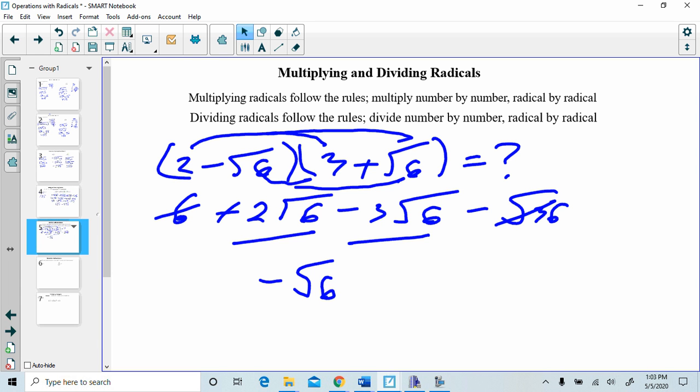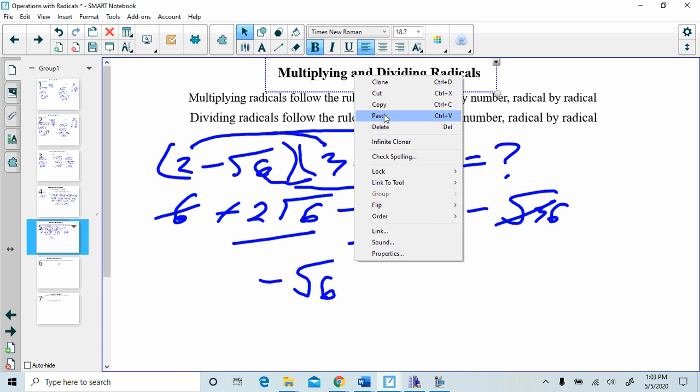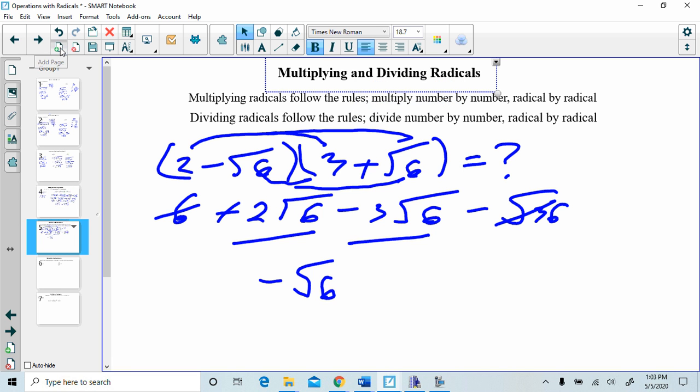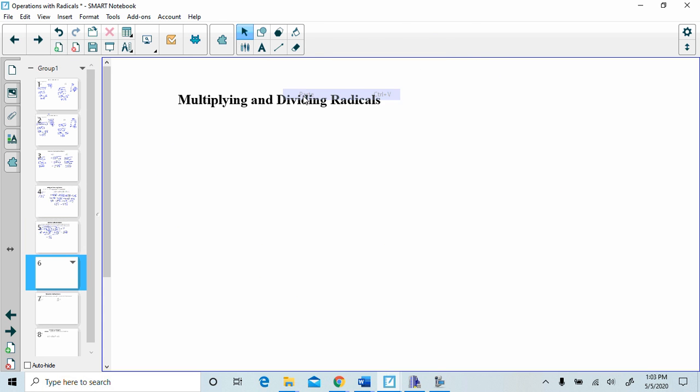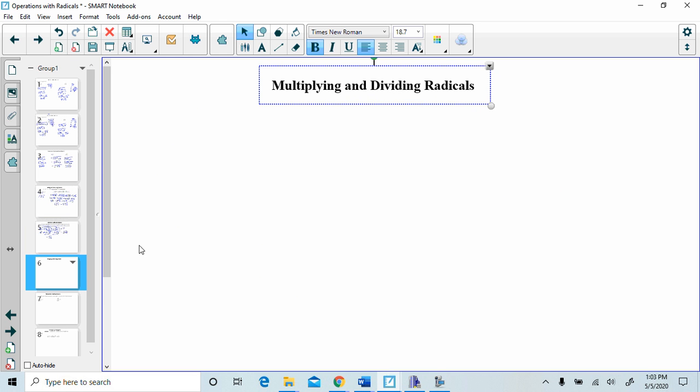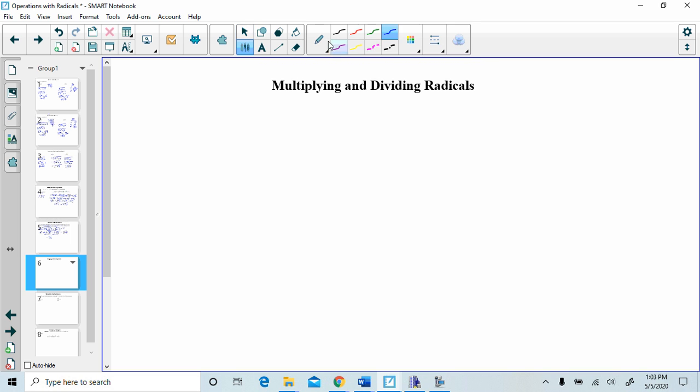Okay. So from there, let's do, I'll just copy my title here. Let's do another one. So we're going to do one where you're dividing. Okay, so if we're just dividing, let's do one with root 21 over root 3.